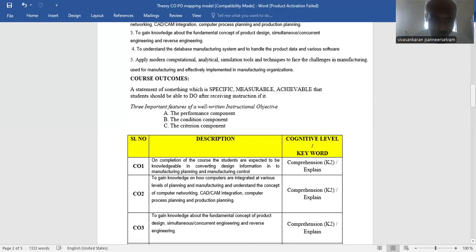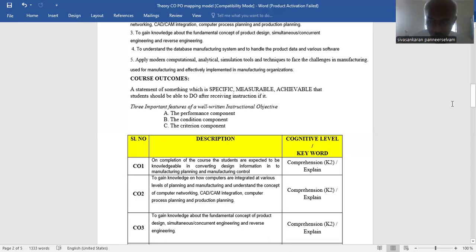So this was the course outcome for the first unit. At the end of the second unit, the student gains knowledge on how computers can be integrated at various levels of planning, administration work, and manufacturing, and understands the concept of computer networking, CAD/CAM integration, process planning, and production planning.